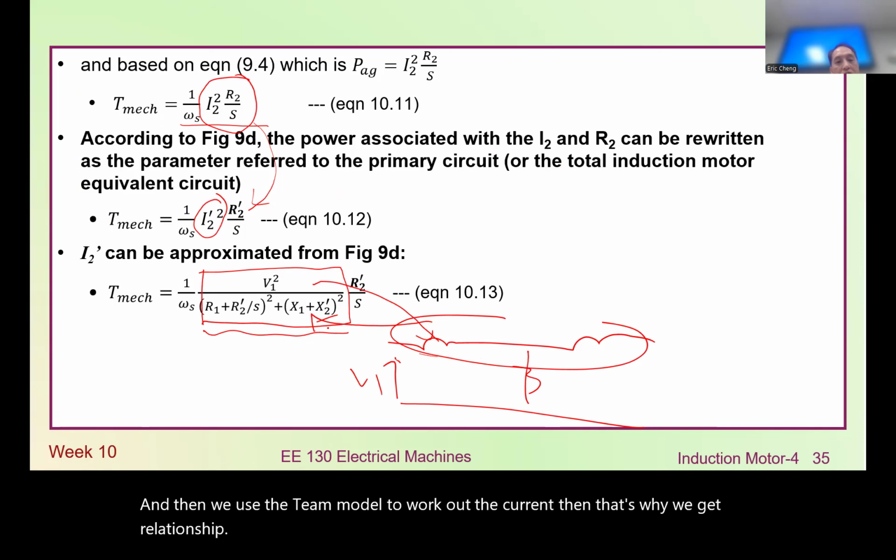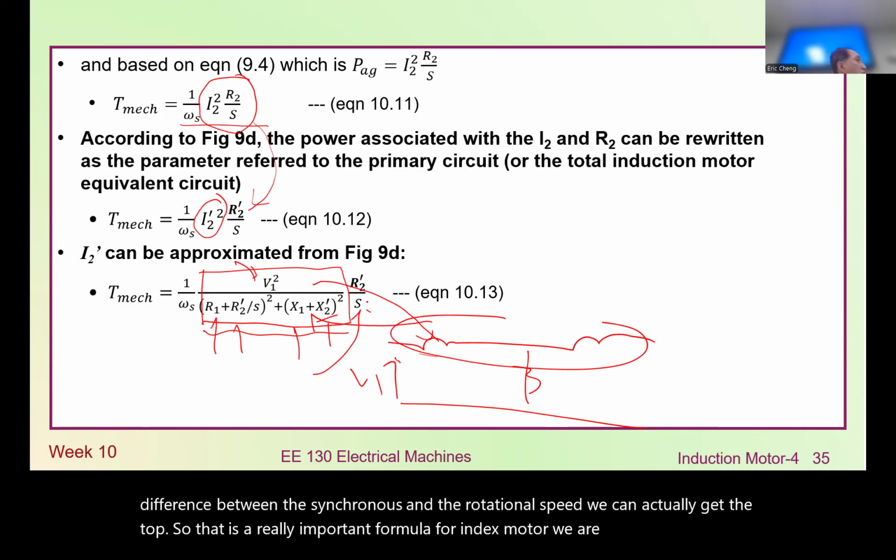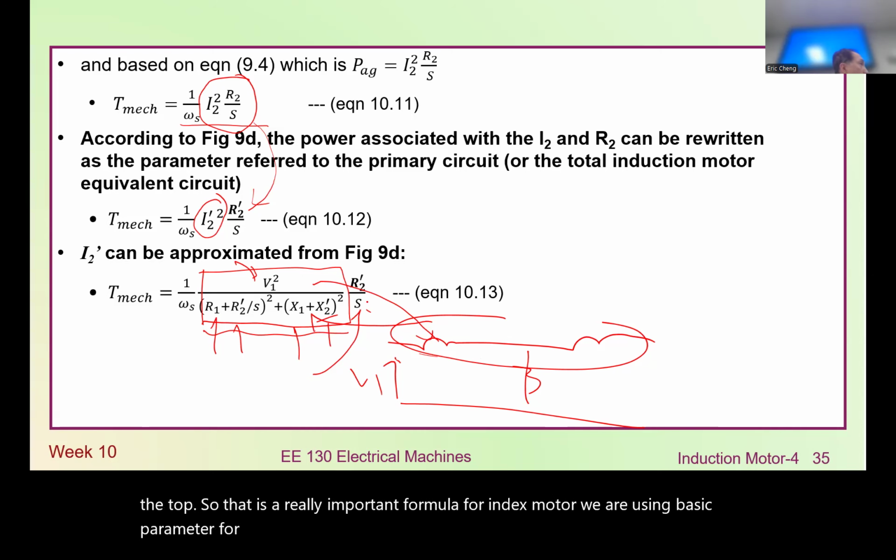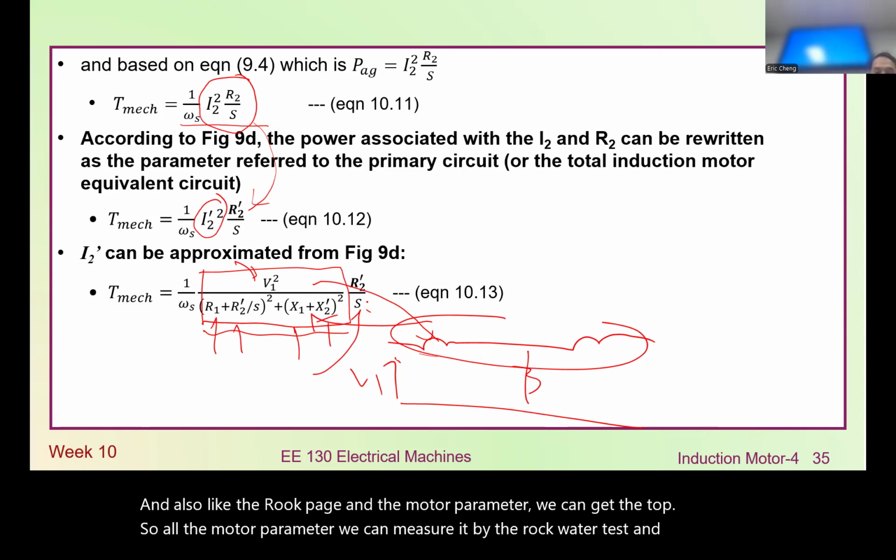Slip is the difference between the synchronous and the rotational speed. We can actually get the torque. So that is a really important formula for the induction motor. Using basic parameters for the motor operation like the slip, the voltage and the motor parameters, we can get the torque. All the motor parameters we can measure by the locked rotor test and the open circuit test.